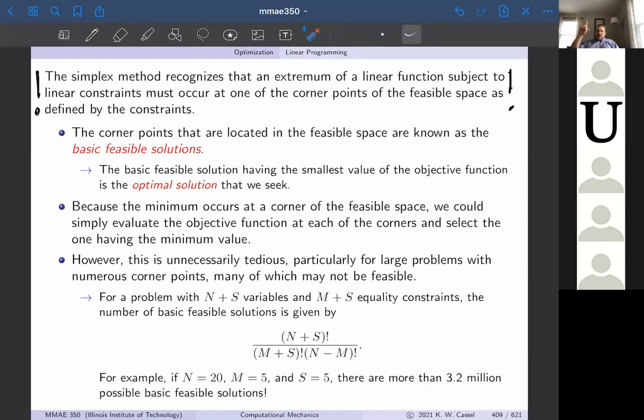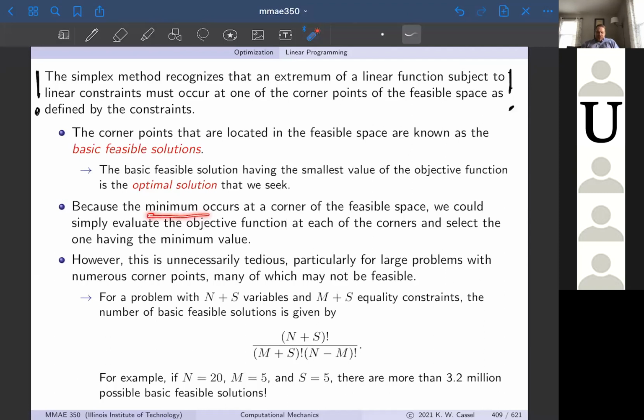And then the one of those corners that corresponds to the smallest J, that is the optimal solution. Makes perfect sense, right? It actually does. It's just very confusing because of all the terminology. All right, so that's the way we need to think about it. Feasible solution, feasible points, basic feasible points, and then the optimal solution itself.